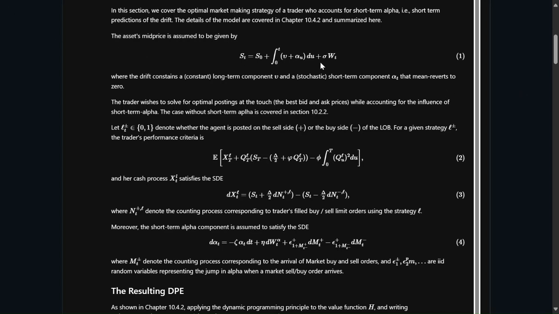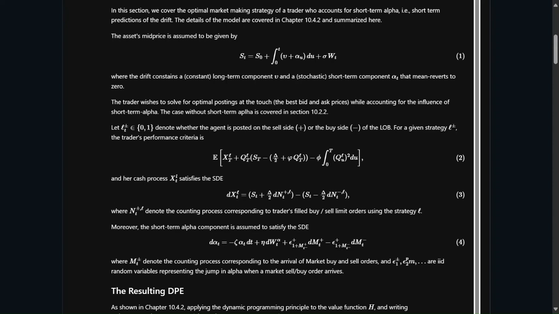There's one component here, which is the long-term component, and this alpha here is the short-term component, which is stochastic and mean reverts to zero. So this is the drift, and this is how we model the mid price process. Okay, and we use the Hamilton-Jacobi-Bellman equation.